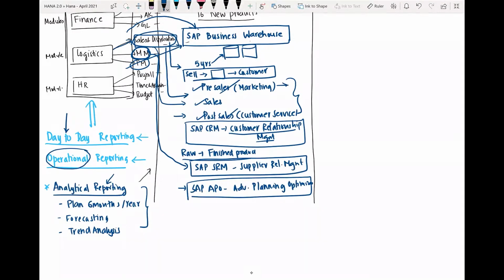I just highlighted a couple of them: business warehouse, BW, CRM, customer relationship management, SRM, supplier relationship management, APO, advanced planning optimizer. Some of these advanced tools came into the market to complement and supplement the current operating reporting solution, which is your ERP system.